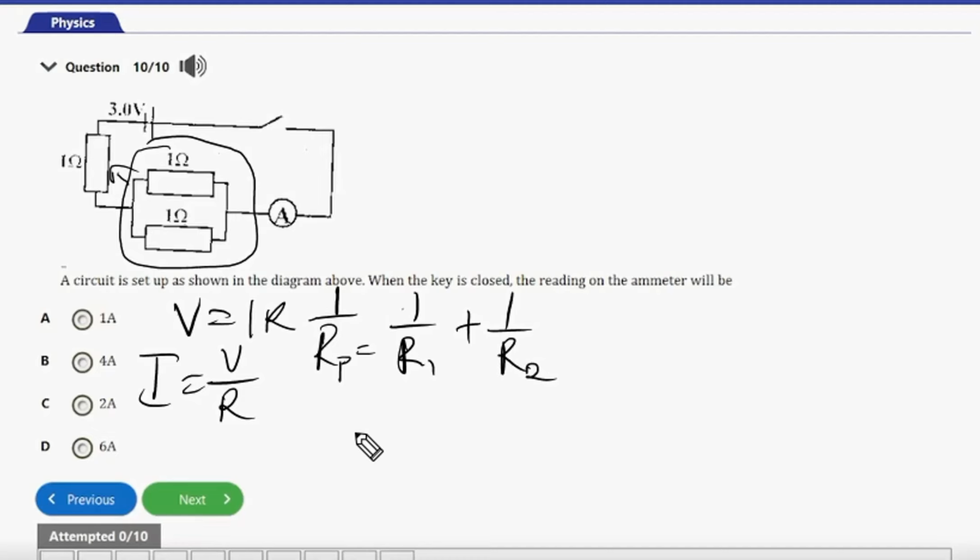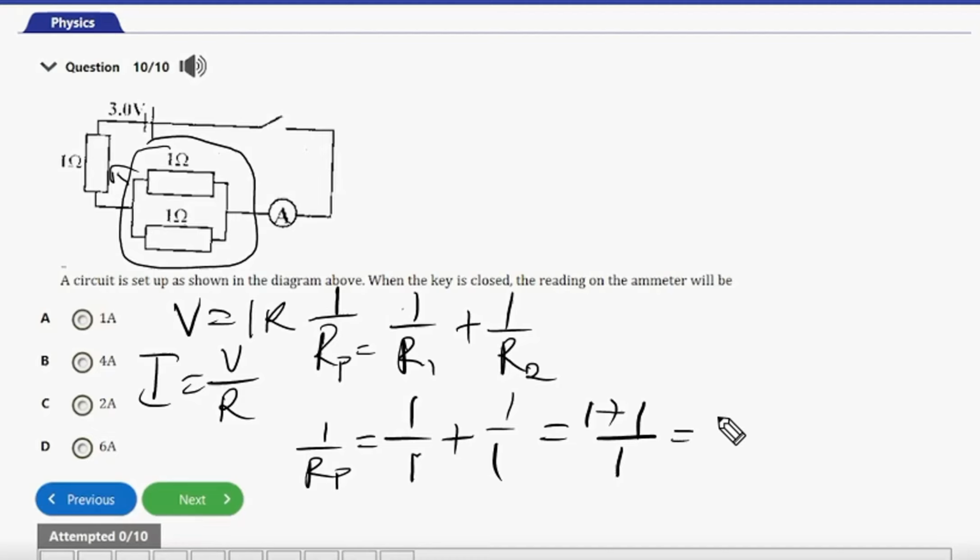So in this case, 1 over R for the parallel connection will be 1 over 1 plus 1 over 1. So guys, the LCM of 1 over 1 is 1, and then 1 here is 1, then times this is 1, then 1 here is 1, then times this is 1 again.